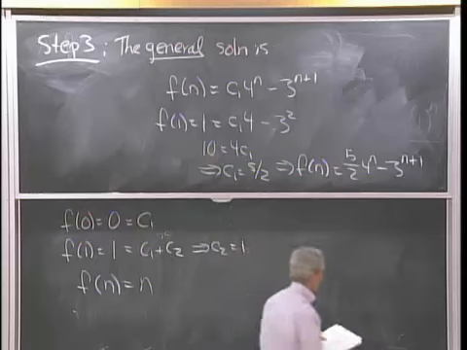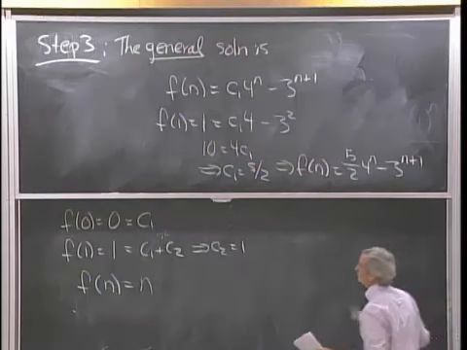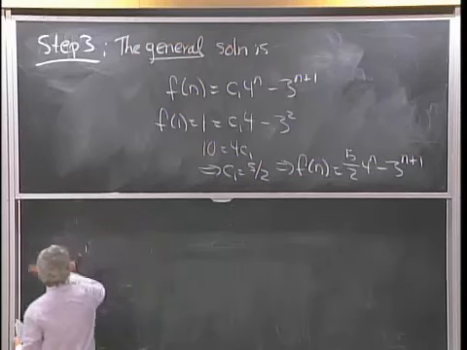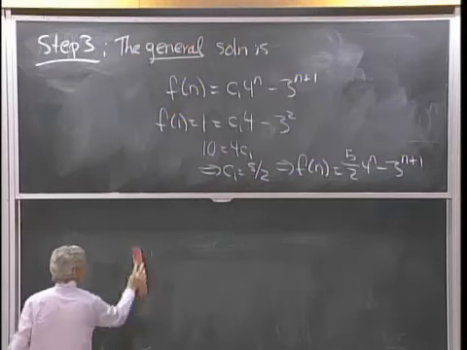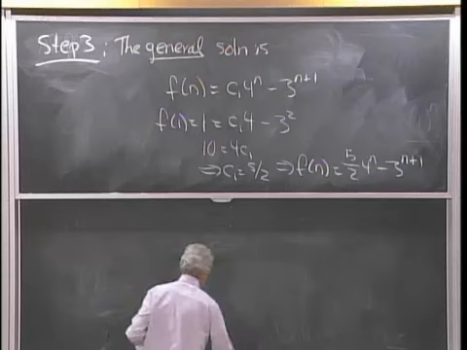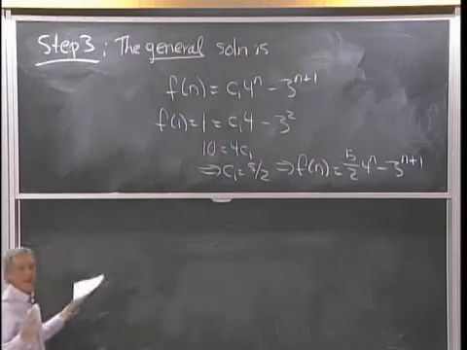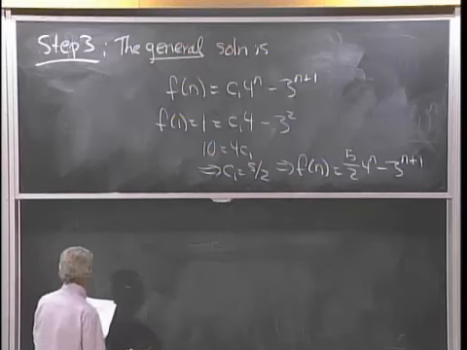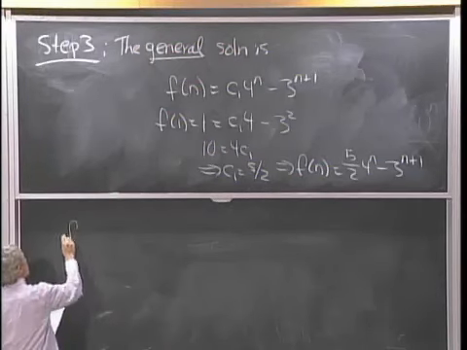Now, when you're all done with this, we won't make you do an inductive proof, which you could do to verify it's right. If you want to be really, really careful, you should do that. But it is a good idea just to check a couple values of n to make sure you didn't make a mistake, because with all these calculations, you might have. So let's check, for example, f of 2.